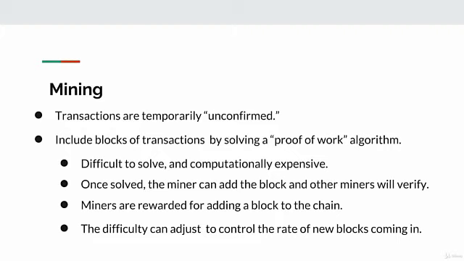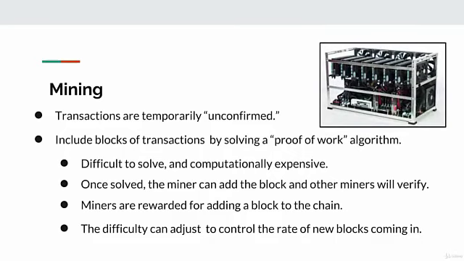Likewise, if blocks aren't coming in fast enough, they can make the proof of work algorithm a little easier, therefore speeding everyone's mining ability up. Now, you may have heard of mining rigs, which are essentially supercomputers with very powerful hardware designed with the sole purpose of mining blocks for cryptocurrencies. The goal is to rack up these mining rewards as a way to generate real profit.